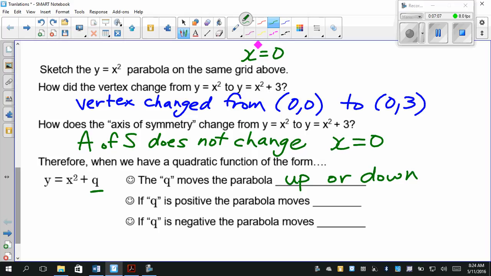So if Q is positive, we saw that the parabola moved up. And I'm sure you can figure out what's going to happen when it's negative. In that case, it's going to move down. All right, so let's use what we found there to try and do the next one here.